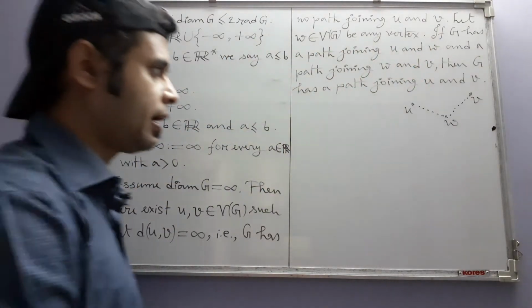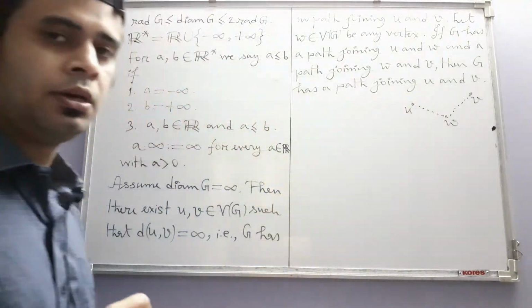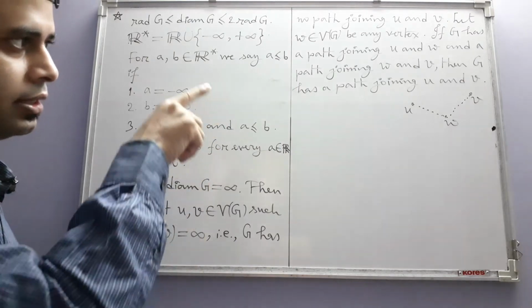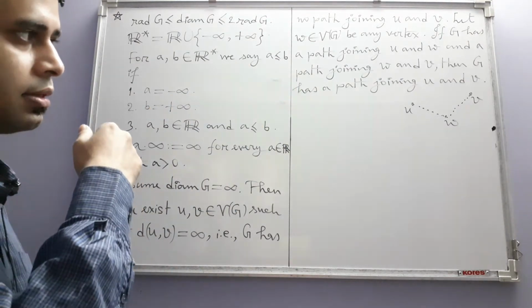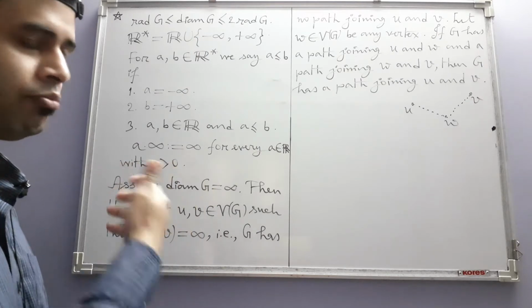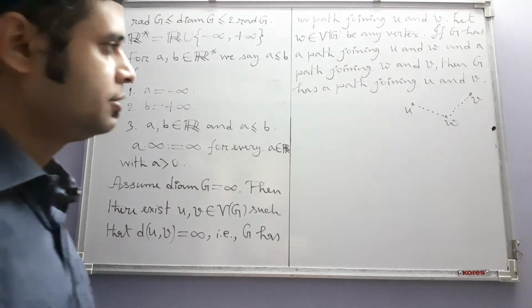It means that either there is no path joining U and W in G, or there is no path joining W and V in G, or both. That is, there is neither a path joining U and W nor a path joining W and V in G.